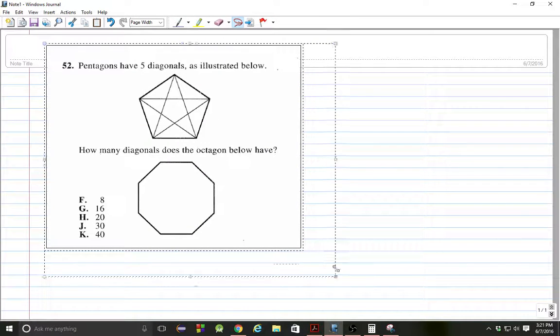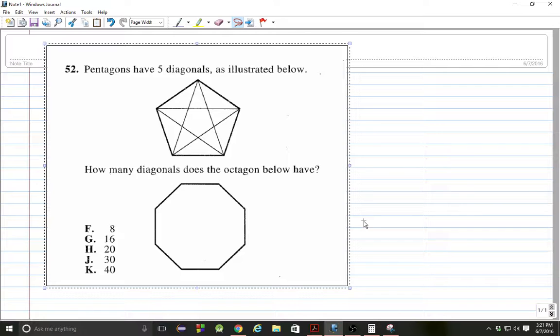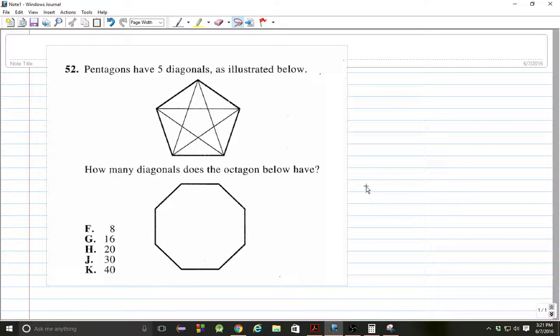Pentagons have 5 diagonals as illustrated below. How many diagonals does the octagon have below? This is going to be interesting. Remember, each angle can have multiple diagonals.